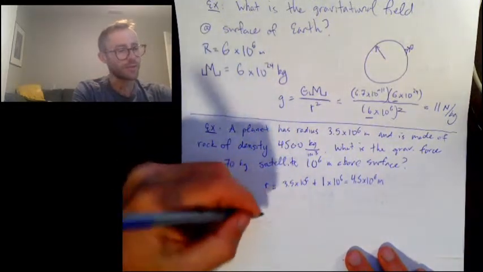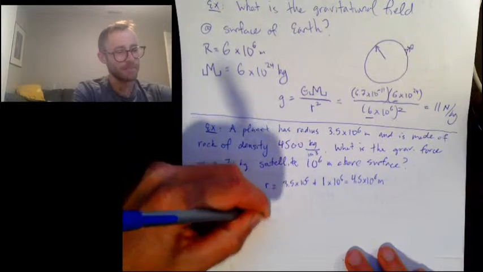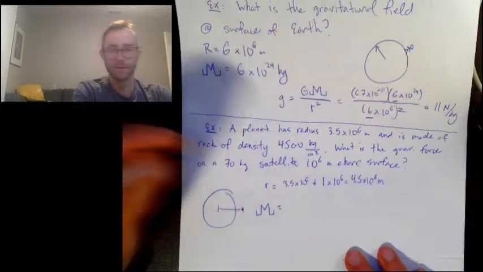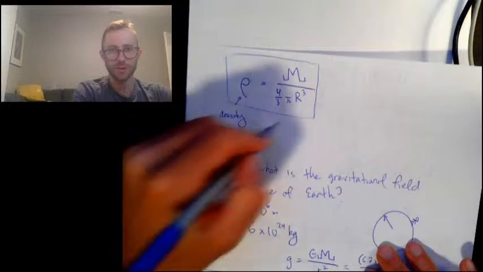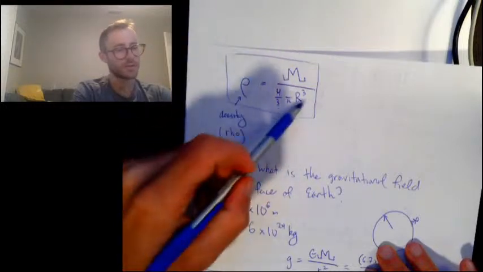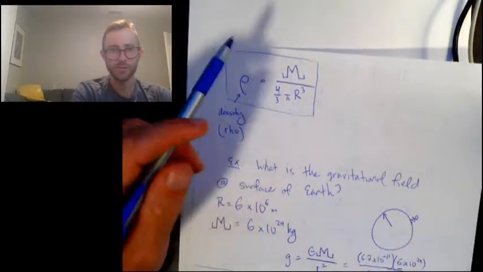We also have to get the mass of the planet. Because I gave you the density and the size, we can use this equation to get the mass. So we're going to multiply both sides by 4/3 pi r cubed.